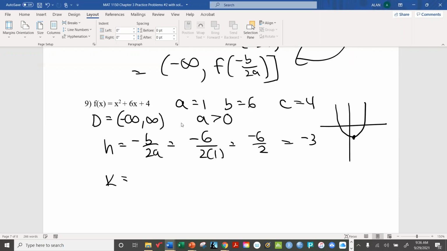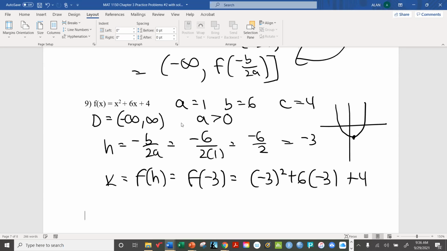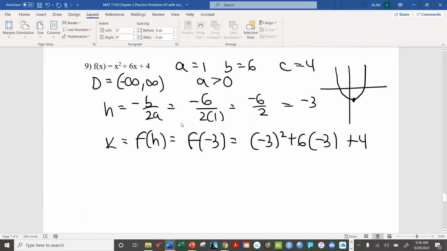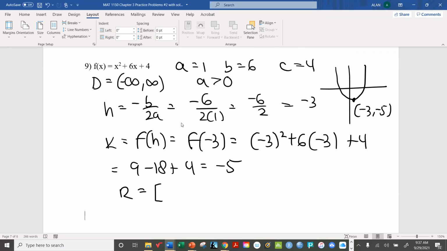And so now, K is the minimum value of Y. All right, so K is f of h, f of -3, -3 squared plus 6 times -3 plus 4. Okay, so the vertex is -3 and -5, which implies that the range is everything from -5, including -5, up to infinity.